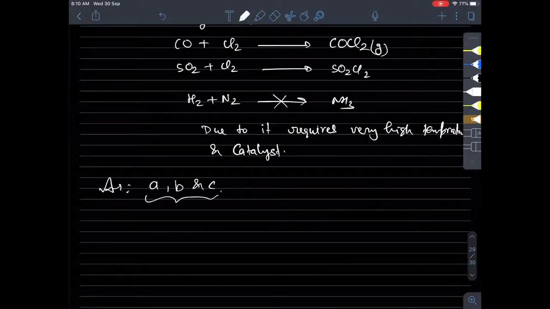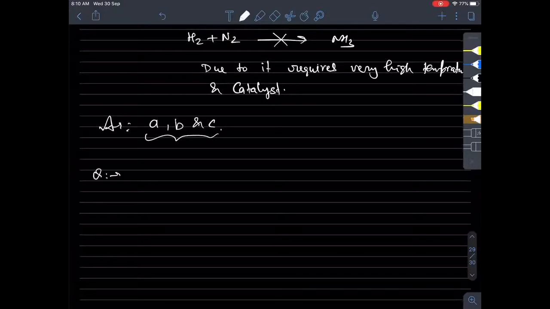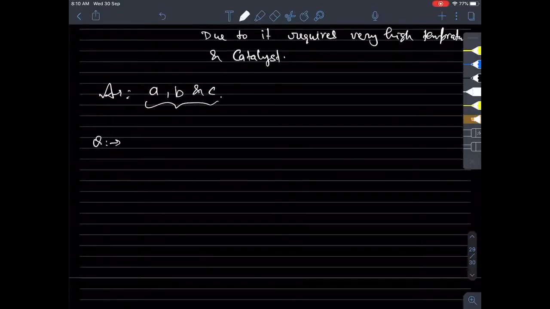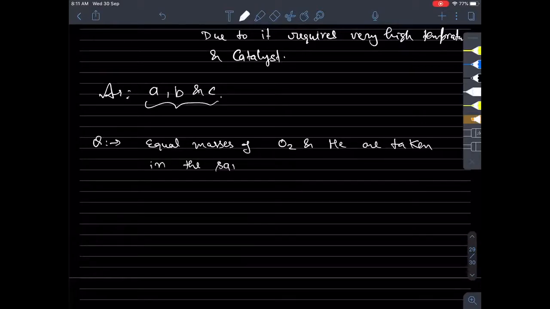For example, suppose equal masses of methane, oxygen and helium are taken together in the same container.